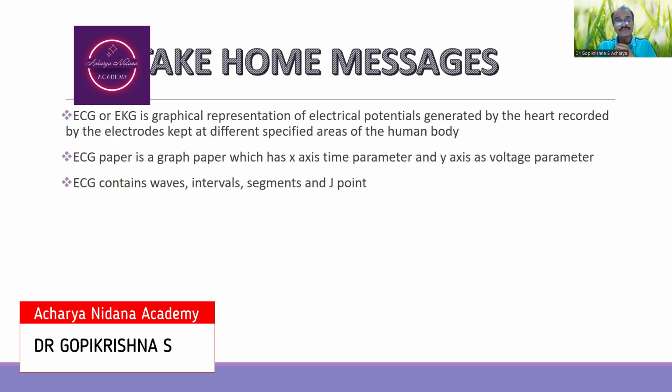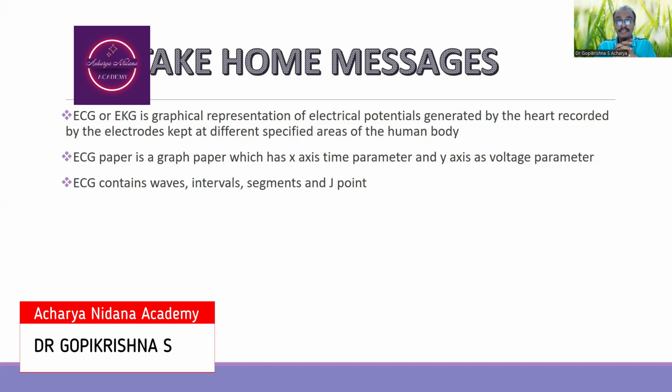The take-home messages from today's discussion are: the electrocardiogram is nothing but the graphical representation of electrical potentials generated by the heart, recorded by electrodes kept at different specified areas of the human body.